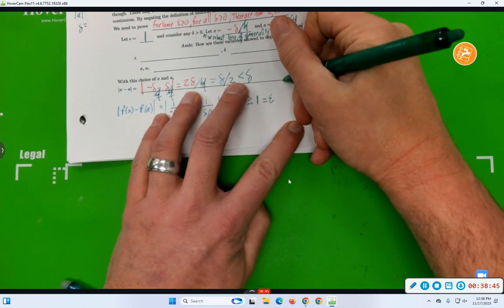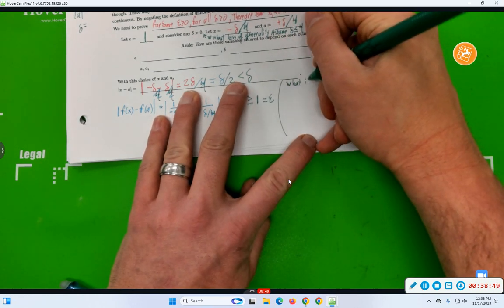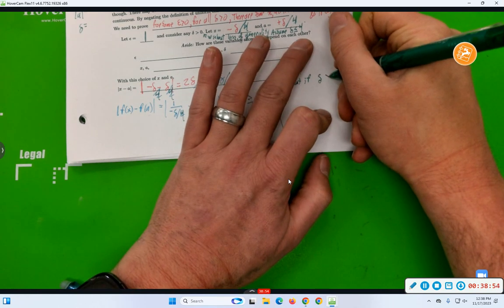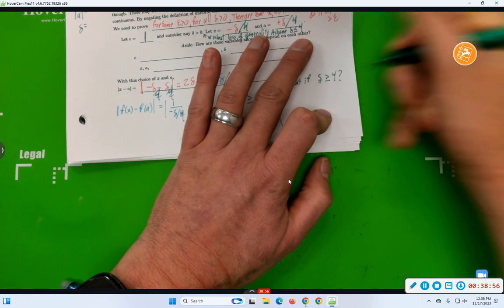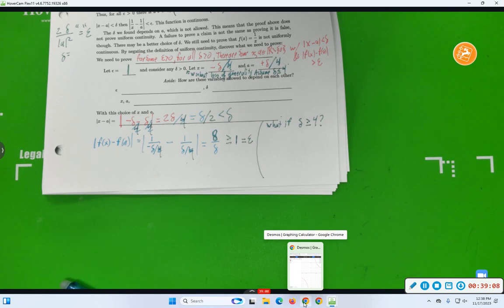So maybe this is an aside. What if delta is bigger than or equal to 4? Well, then I think the game is the same. Let's pull up a graph. I want to work with a delta that is bigger than or equal to 4.